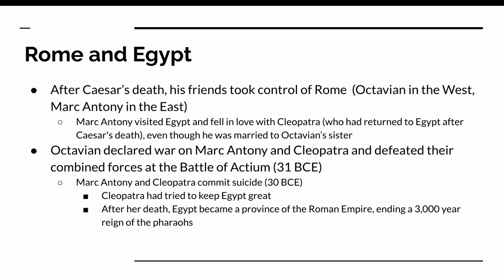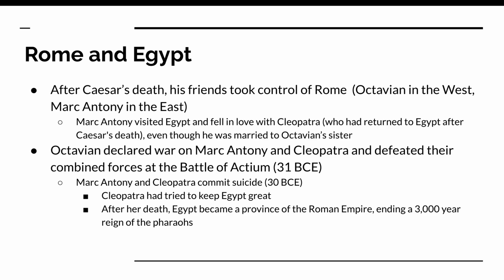A little bit more about Caesar and Mark Antony and Cleopatra and what happens after. Mark Antony, one of Caesar's generals, ends up falling in love with Cleopatra. And Caesar obviously is killed, and there are some other love interests as well. But what happens after Caesar dies is Octavian takes over, and he has a lot of rule in the West.